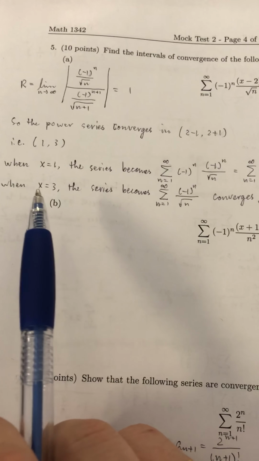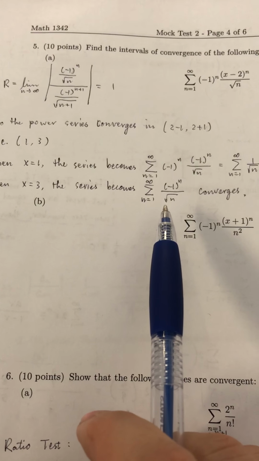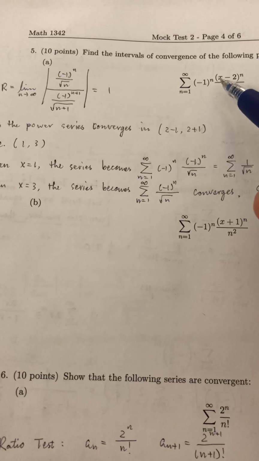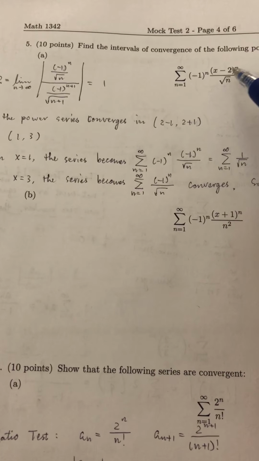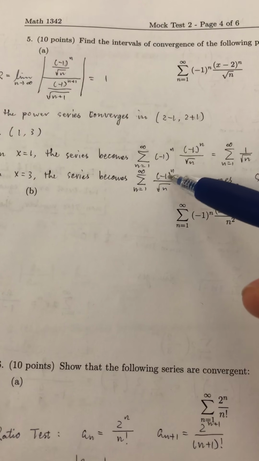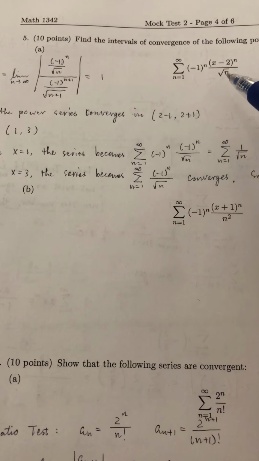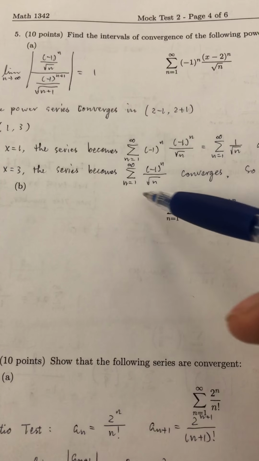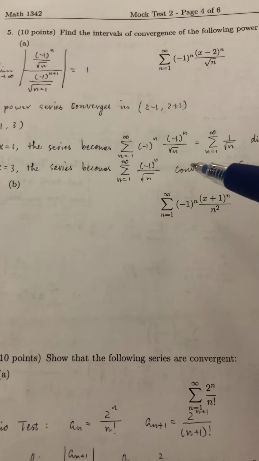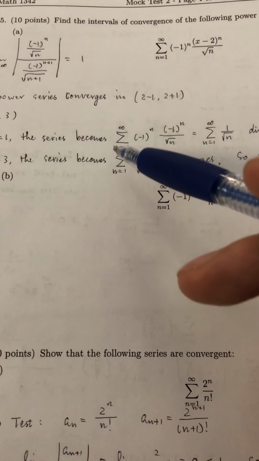Now check the other one, x equals 3. The series becomes this. When x is 3, 3 minus 2 is 1, and 1 to any power is again 1, so you don't see it here. So it's just negative 1 to the n divided by root n. And this series is convergent because it is an alternating series.